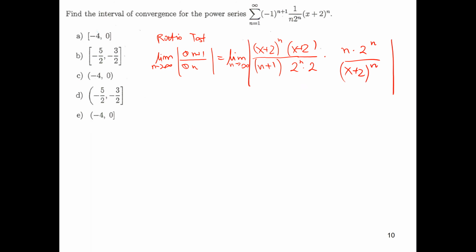Absolute value. I can simplify a little bit, this and this, this and this. And what stays? Oh, we have no factorials, okay.